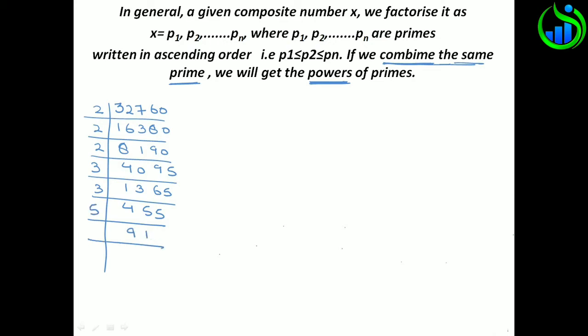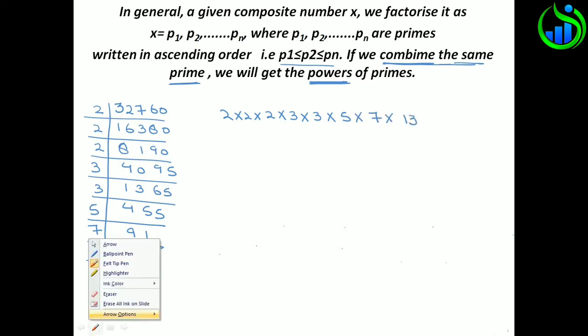Then 7, 7 3s are 21, and then 13, 13 1s are 13. So written in ascending order, it is 2 into 2 into 2 into 3 into 3 into 5 into 7 into 13.